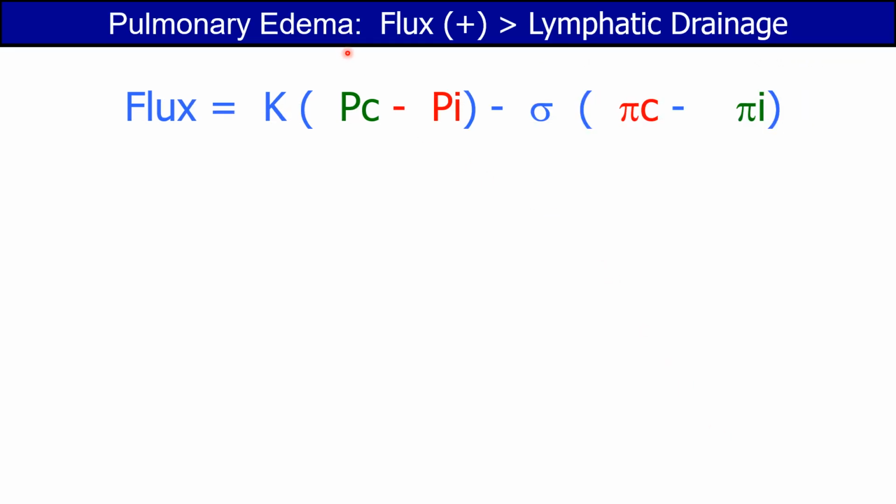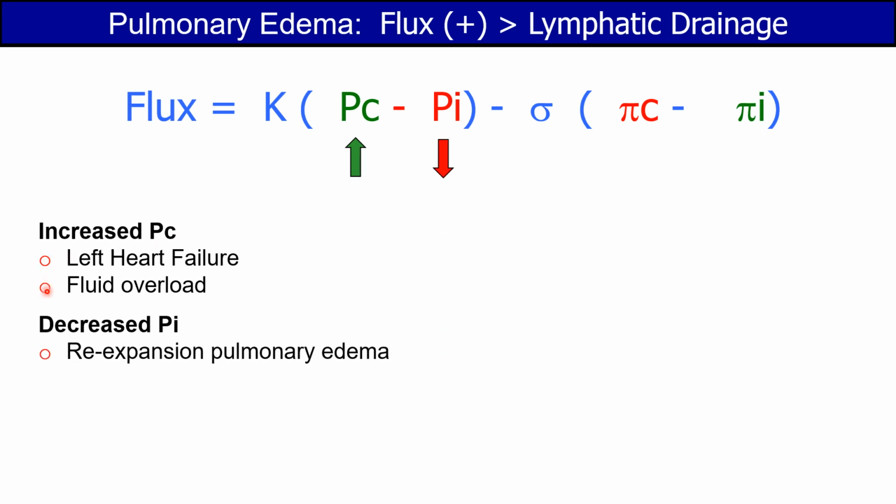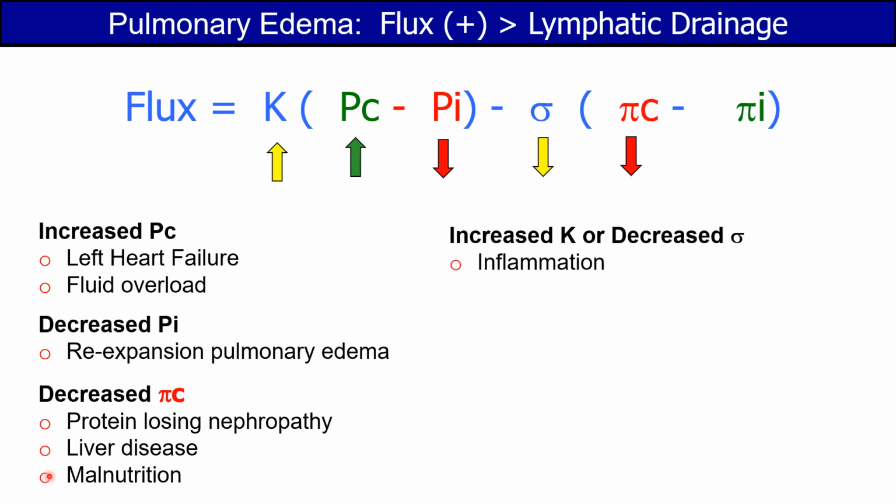Let us now discuss pulmonary edema. Pulmonary edema occurs if the flux is positive and greater than the lymphatic drainage. That may occur if there's increased capillary hydrostatic pressure, such as in left heart failure or fluid overload, or a decrease in the hydrostatic pressure in the interstitium, such as in re-expansion pulmonary edema, or there may be decreased oncotic pressure in the pulmonary capillaries, such as in protein-losing nephropathy, liver diseases, and malnutrition, or there may be changes in the K or the sigma.